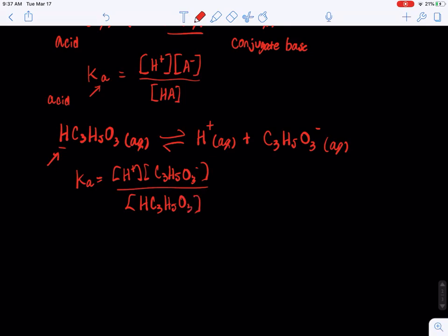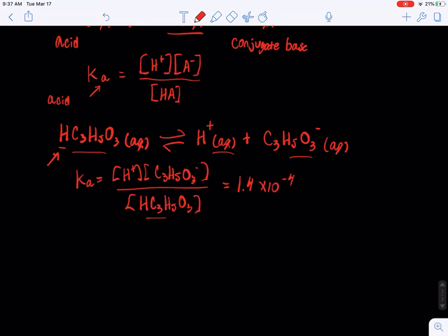Okay, so the two products are up on top, and the reactant is down below on the bottom, and they're all aqueous, and they all have coefficients of 1. And this value, according to the table, is 1.4 times 10 to the minus 4.